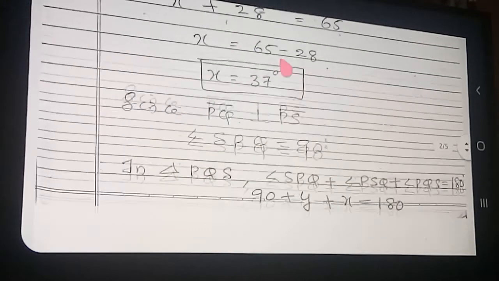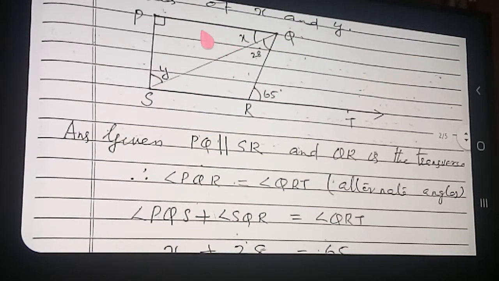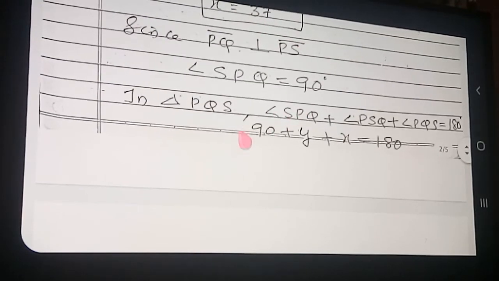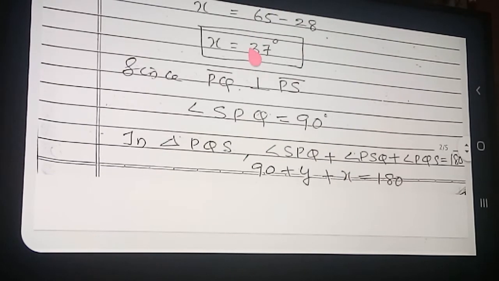You see the diagram. In the place of PSQ we will write Y. In the place of PQS you will write X. So 90 plus Y plus X is equal to 180. Clear? But you know the value of X, you found it just now.